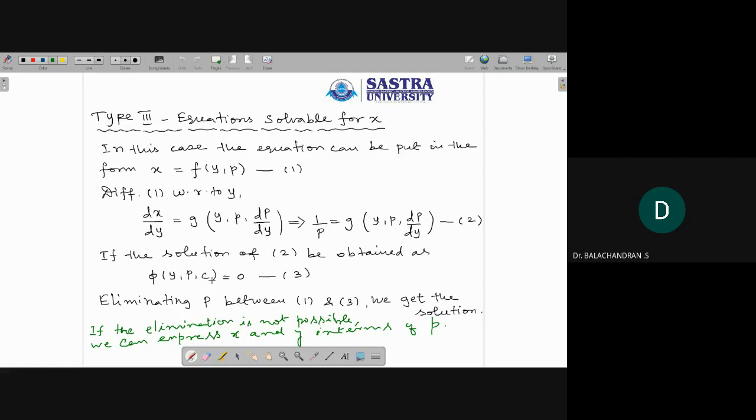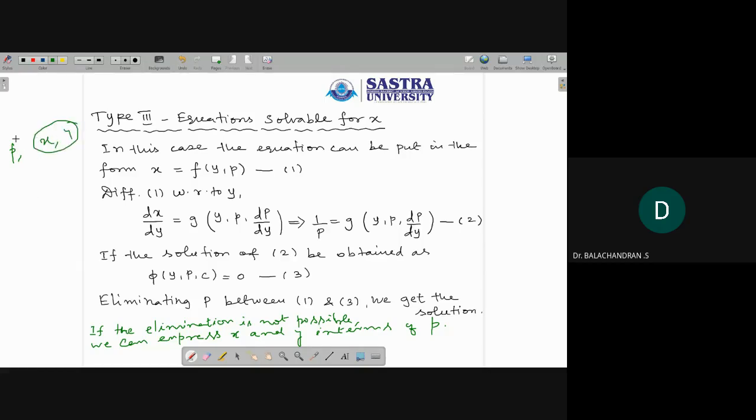The procedure is very similar to the equation solved for y, with only slight differences. Yesterday Manikandan asked one question. You can solve one problem by solving for p, or solve the same problem for x or for y.